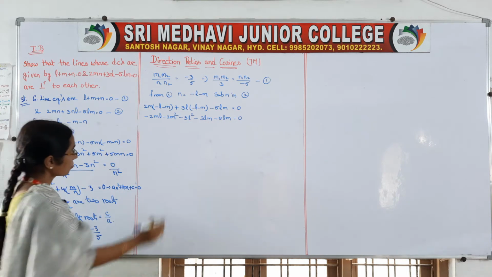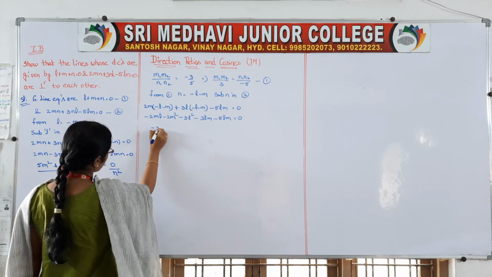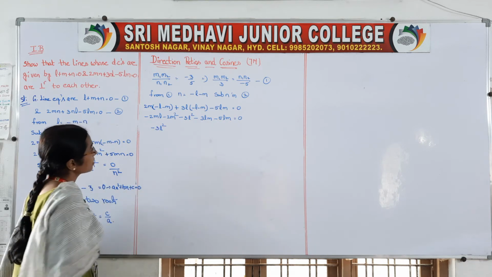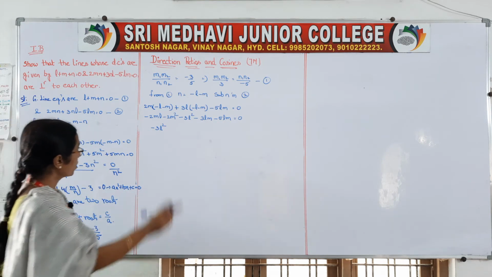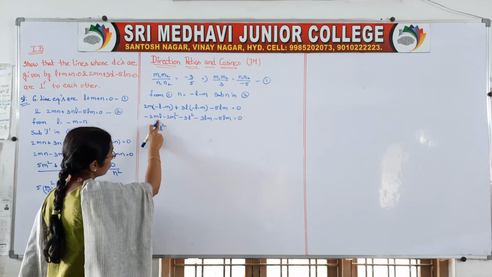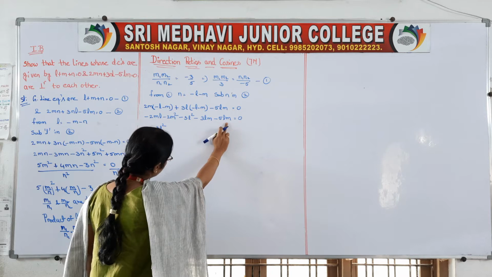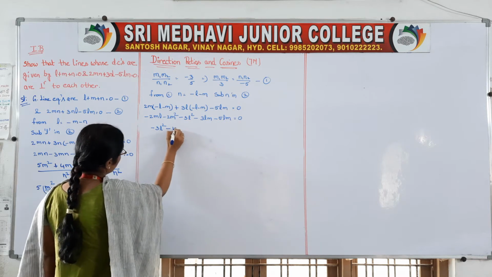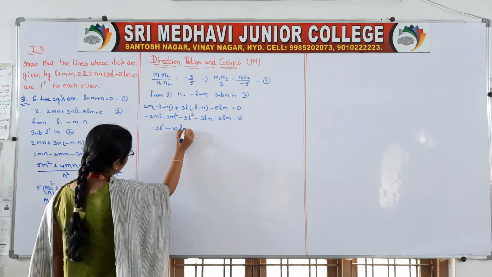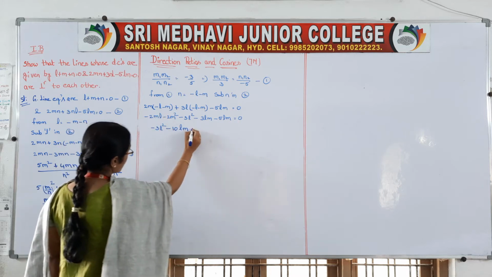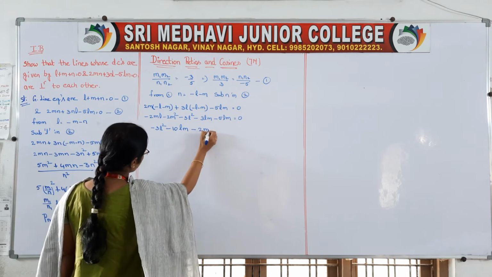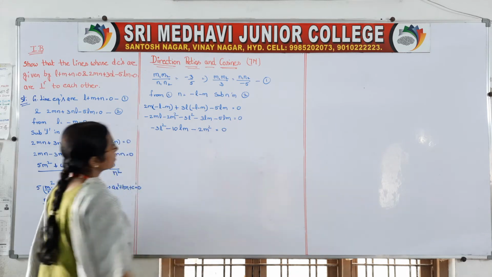So minus 3l square. Next take lm terms. How many are there? Minus 2ml, minus 3ml, minus 5ml, that is minus 10lm, or ml, both are the same, minus 2m square is equal to 0.